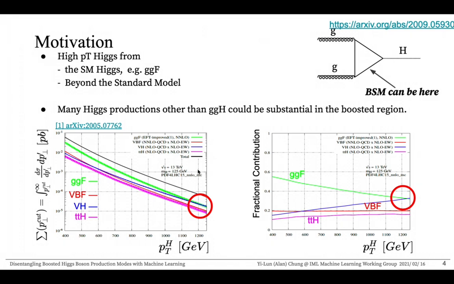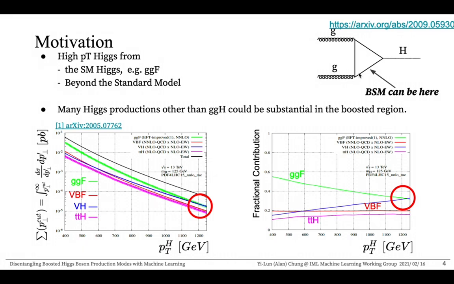The high transverse momentum Higgs could come from the standard model predictions. For example, gluon-gluon fusion has the largest production cross-section at the Large Hadron Collider. The gluon-gluon fusion with a triangle loop of the top quark is the largest production diagram at the Large Hadron Collider.